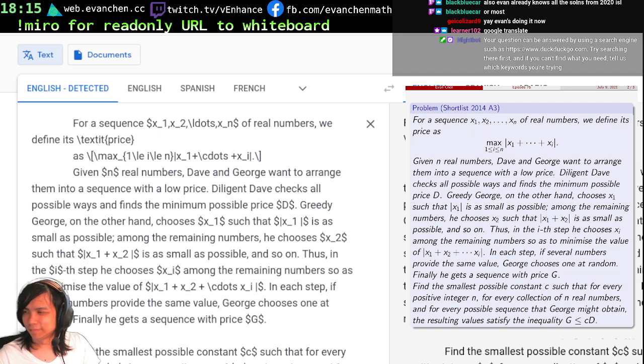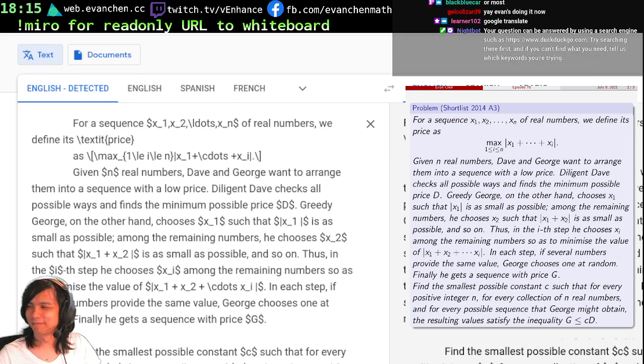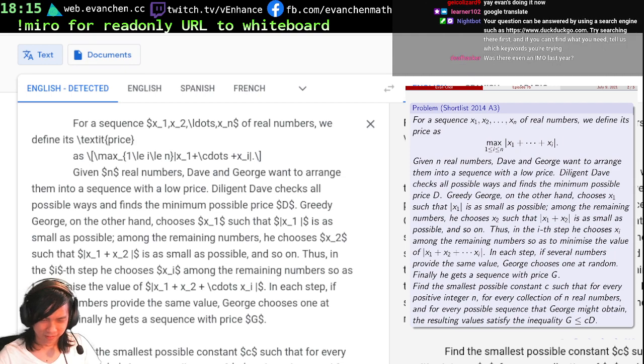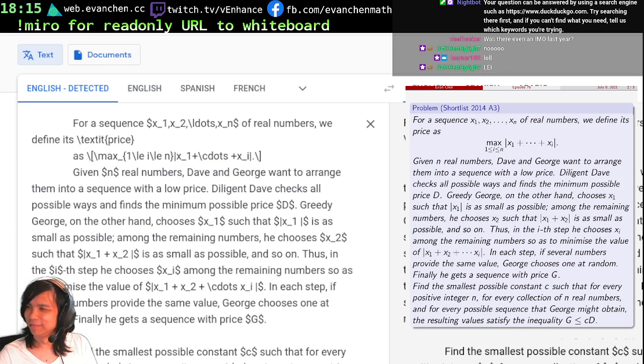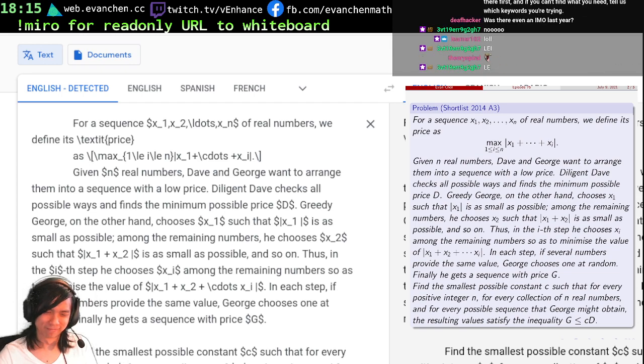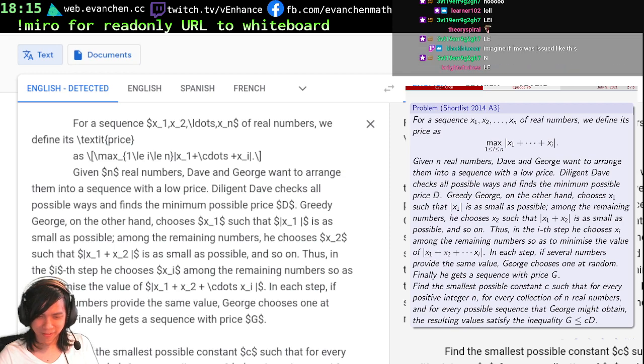For a sequence $x_1, x_2, \ldots, x_n$ of real numbers, we define its price as max over 1 ≤ i ≤ n of |x_1 + \cdots + x_i|. Given $n$ real numbers, Dave and George want to arrange them into a sequence with a low price.